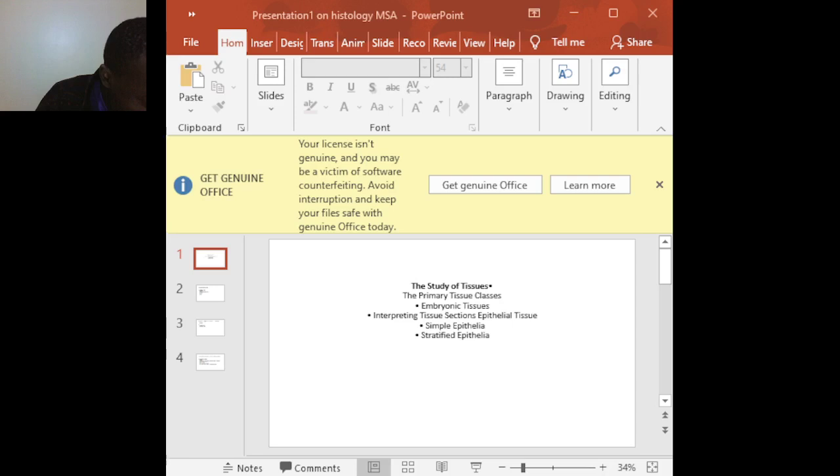The word pseudo means false. Stratified means like it's confused. Pseudo means false, so it's like it confuses you, it's mixed up.